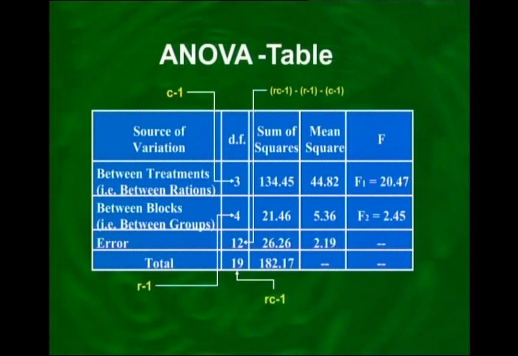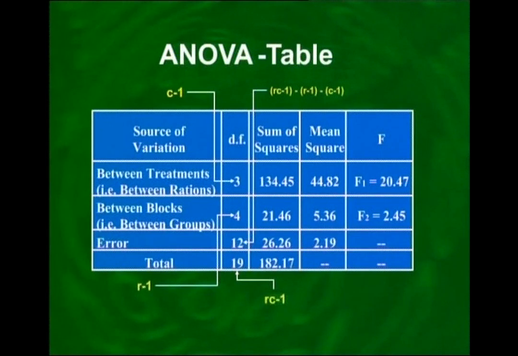After all, students, do we not have 5 rows and 4 columns, 5 blocks and 4 treatments? So as I said, the degrees of freedom for the total is given by R into C minus 1, that is 5 into 4 minus 1, that is 20 minus 1, that is 19.